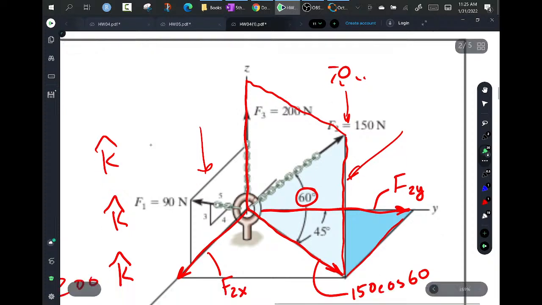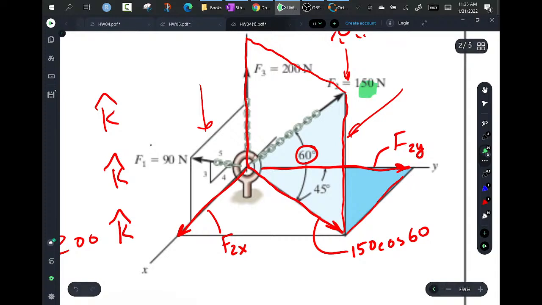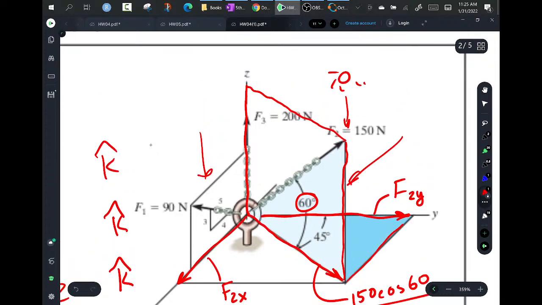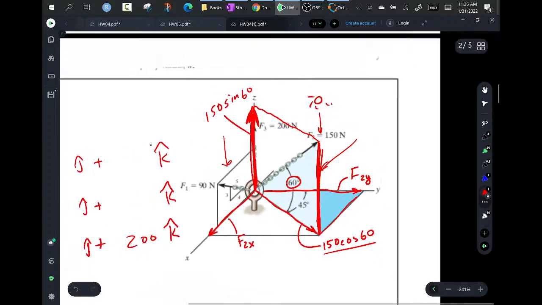You already used, and this is a length of 150. So you already used the cosine. So obviously this length from here to here is the same as the length from here to here. Depends on the way you want to do it. Most people put it here, and then they'll just tell you that's 150 sine of, what was that, 60. And that gives you 3 components.